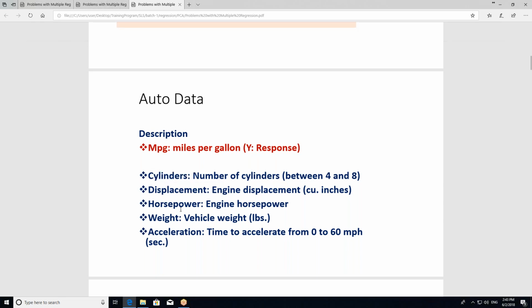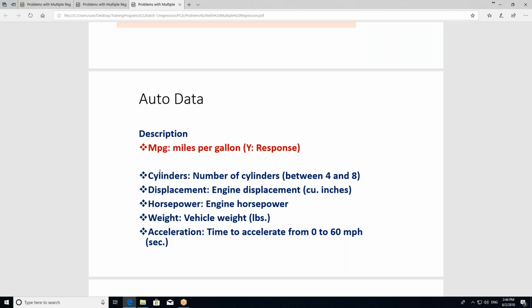Okay, so here comes the question. I'm trying to predict the miles per gallon, or the mileage, of a vehicle, and to predict it, what are the variables I am looking for, and which variables are actually needed from the domain point of view? What variables should I look into?